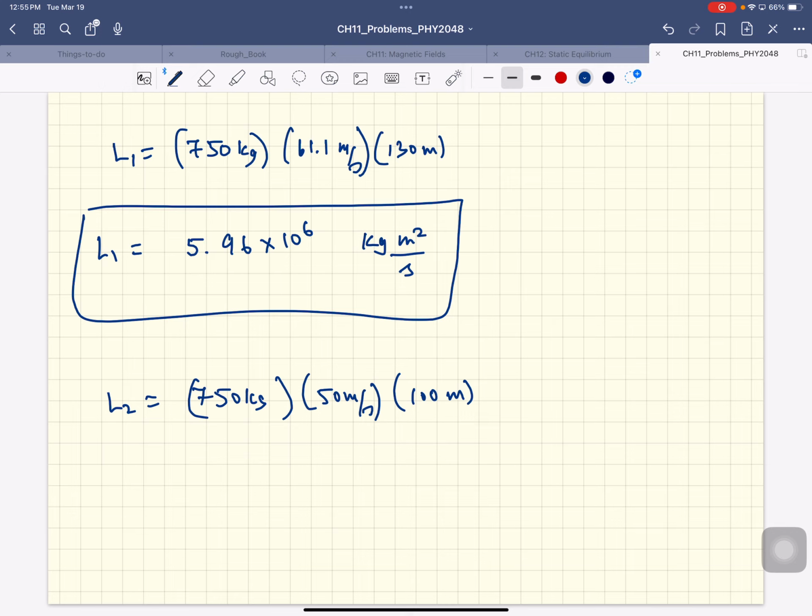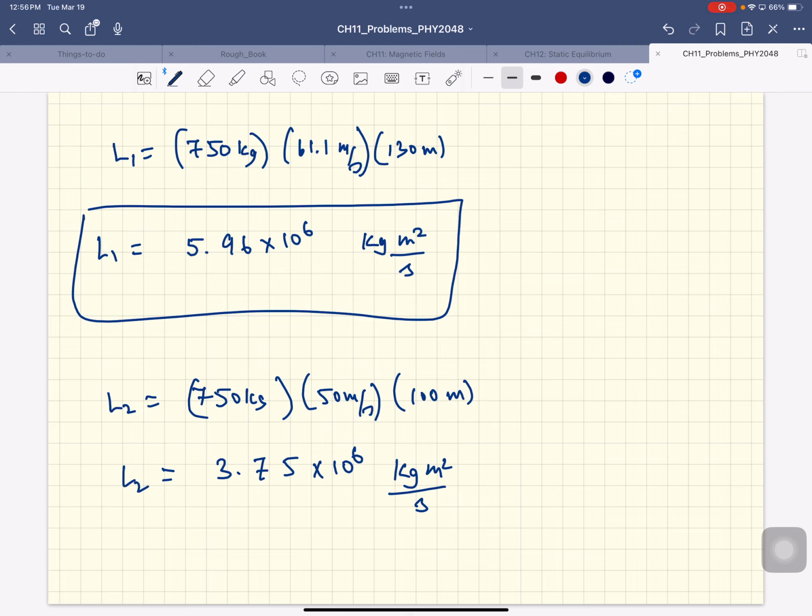All right. So the angular momentum around the second curve is, in kg meter squared per second.